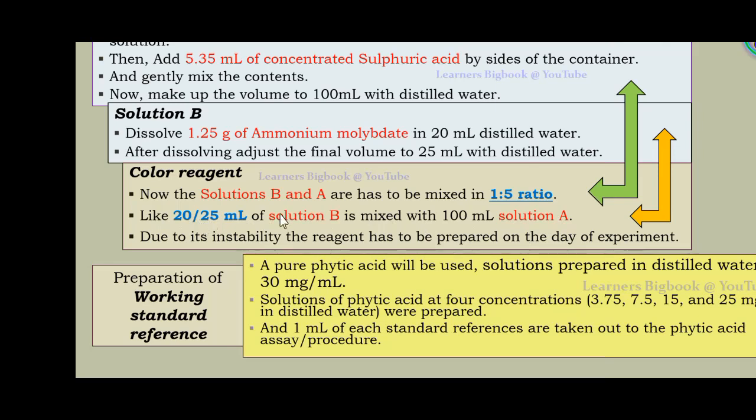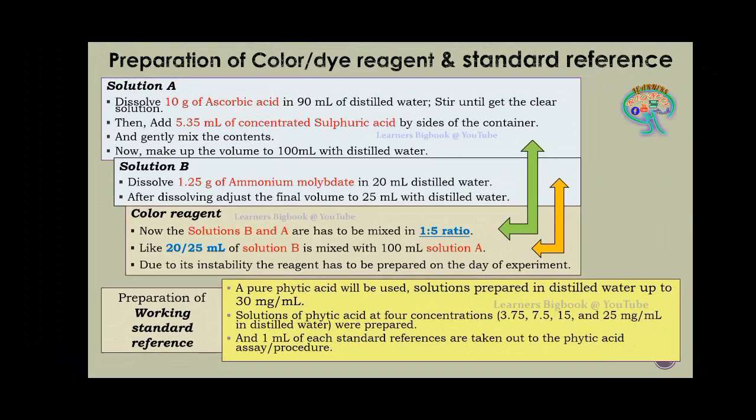Due to its instability, you have to prepare this color reagent on the day of the experiment. Otherwise, it is not going to give good results, and there can be failure of the experiment also.